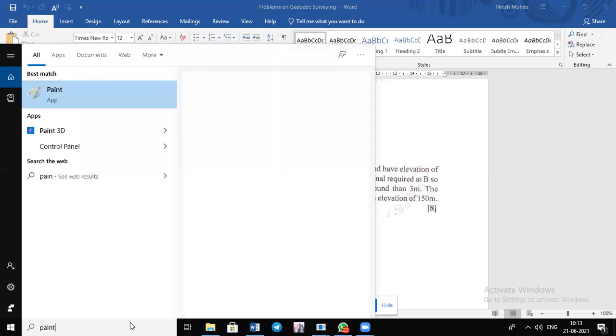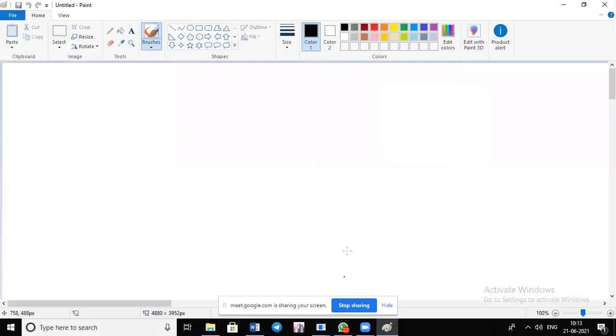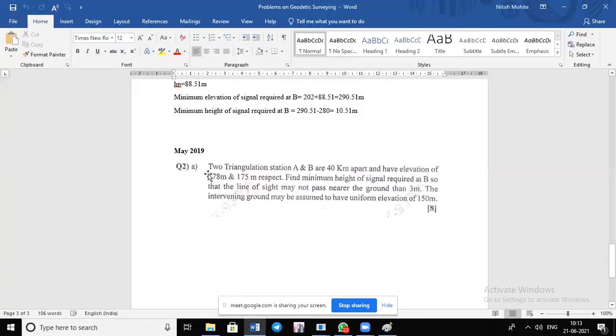So that you will get the concept clear. In the case of the intervening ground problem, or intervisibility problem, we are going to consider the curvature of the earth. What is told in the problem: two triangulation stations A and B are 40 kilometer apart.